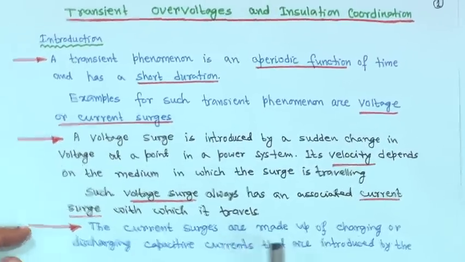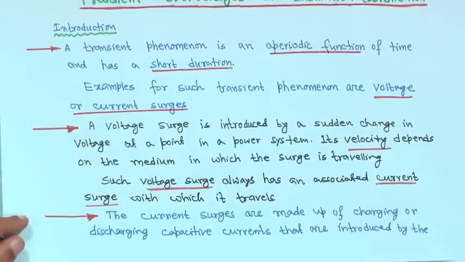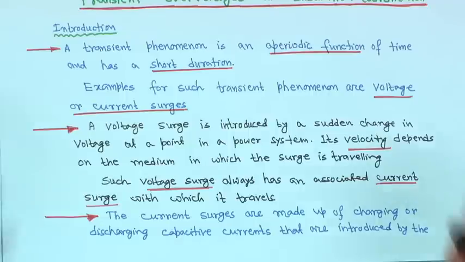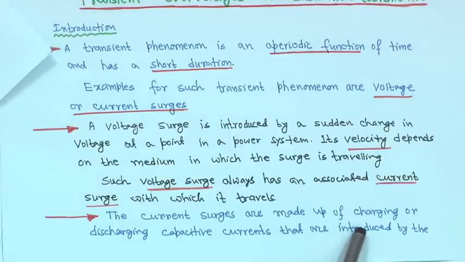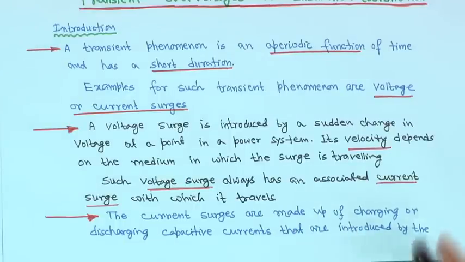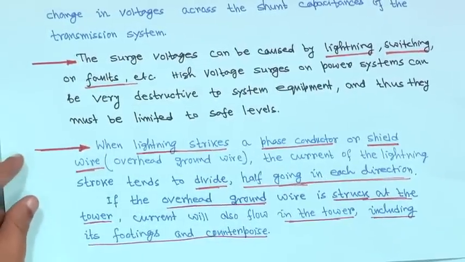Current surges are made up of charging or discharging capacitive currents that are introduced by the change in voltage across the shunt capacitance of the transmission line, that is, the charging capacitance.